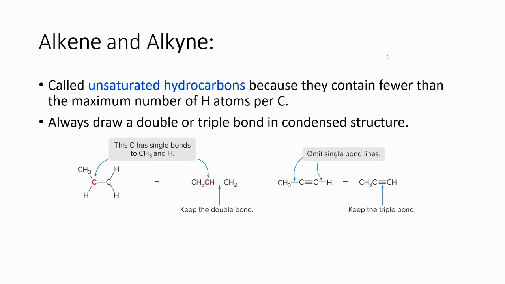Unsaturated just means you haven't saturated the carbon chain with enough hydrogen, so it's unsaturated. This is our regular structure. This is our condensed structure. So they're just saying every time you draw the condensed structure, you still need to show the double bond. I think that kind of makes sense.